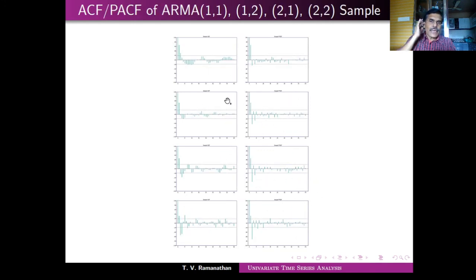You can see that you can't really conclude the AR part from the PACF. But something can be said, because if you look at the PACF, you see that after lag 1, it behaves like an AR(1). At lag 1 we cannot say, so that much we can say. So after lag 1, this behaves like an AR(1). This is for h greater than 1. At h equal to 1, anything can happen, because that depends on the coefficients.